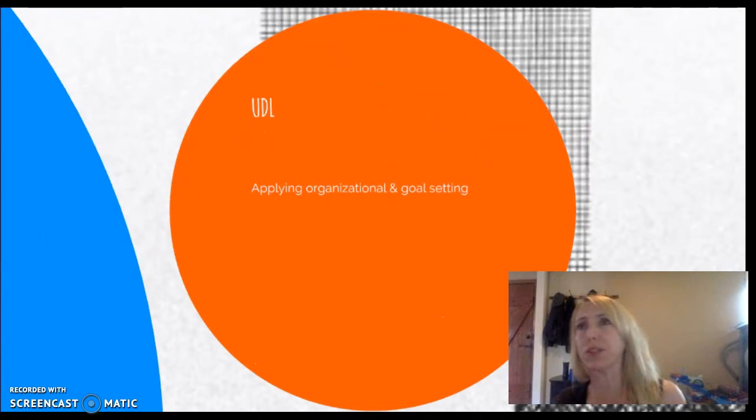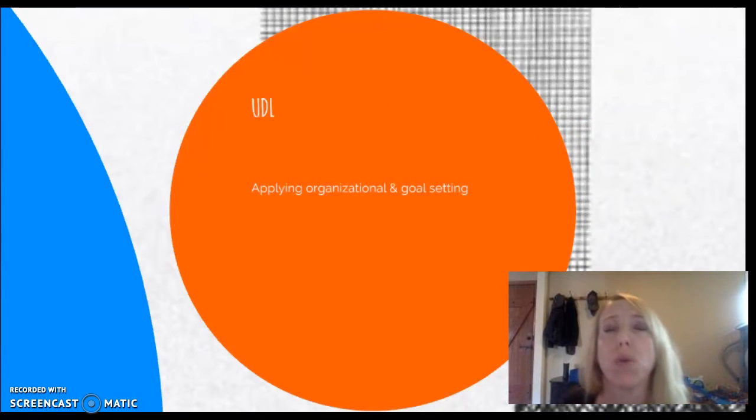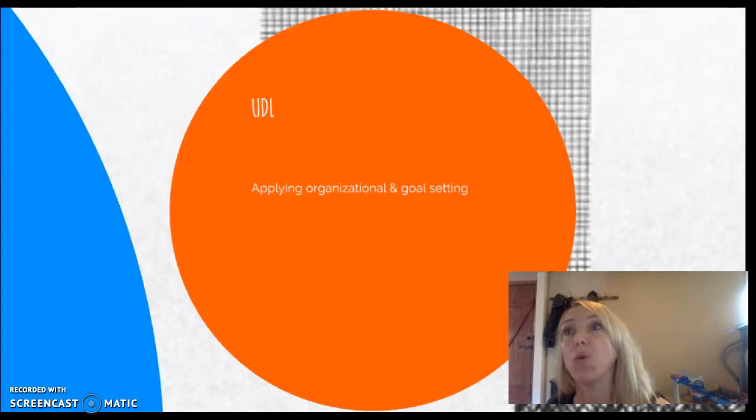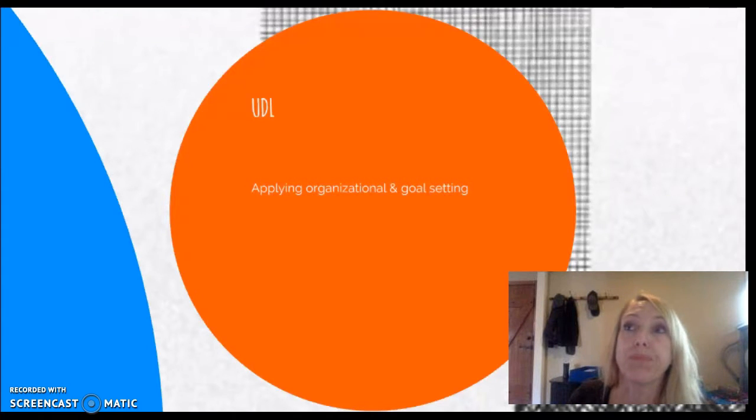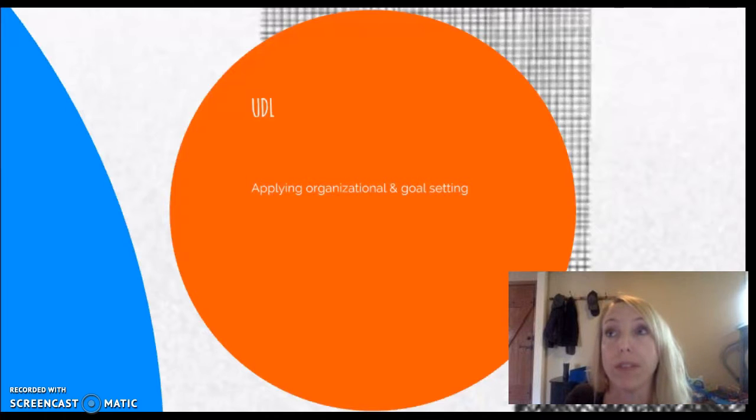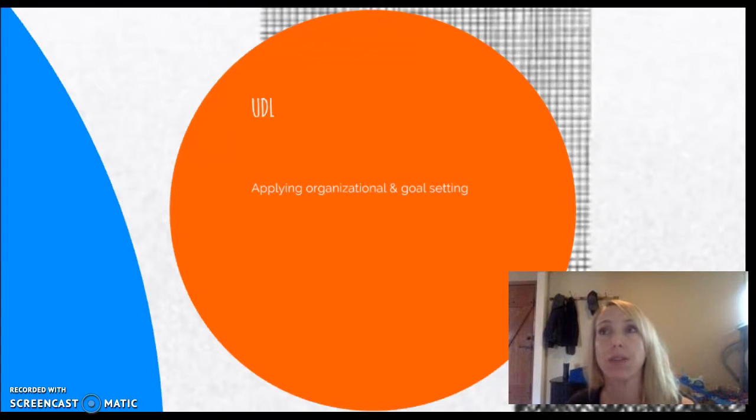For UDL, you need to supply some more organization, maybe some goal setting. This might help them learn more effectively if they have organization so they know how to learn the task and how to keep organized.